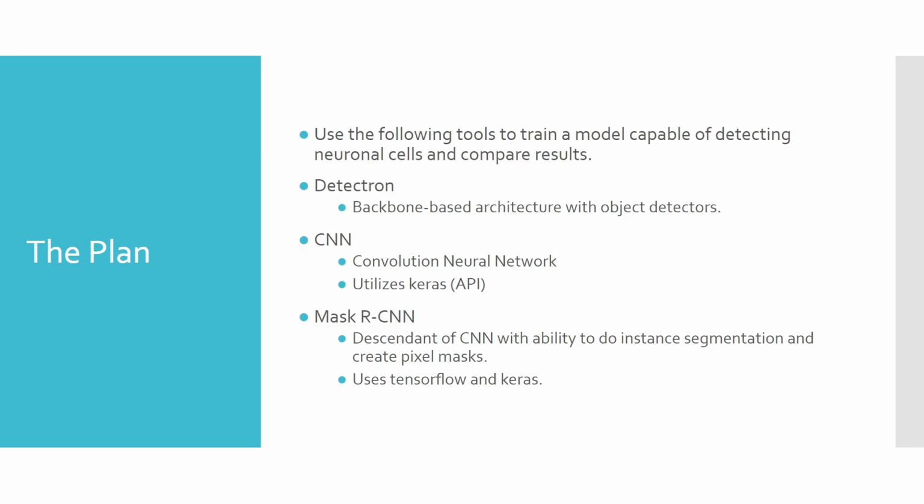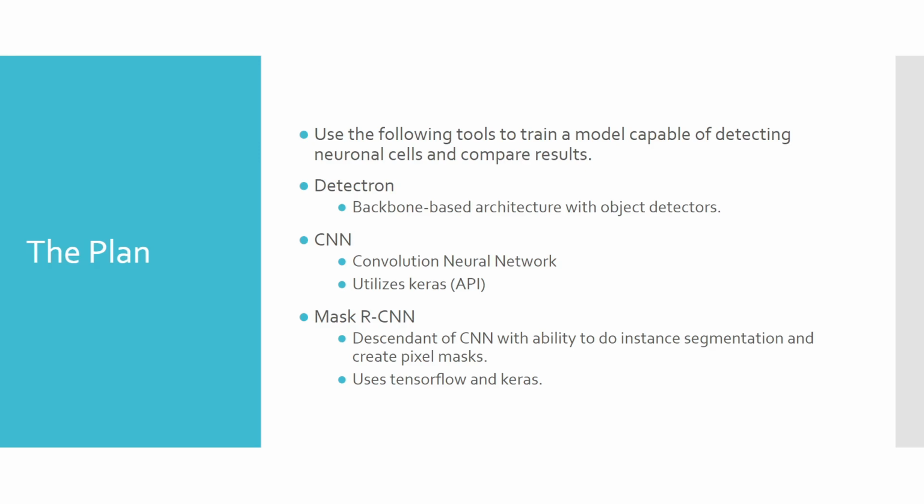So our plan from the beginning was to use the following tools to try to have multiple cell instance segmentation models running and to compare them to see which was best or which performed better. We wanted to use Detectron, the original Detectron.